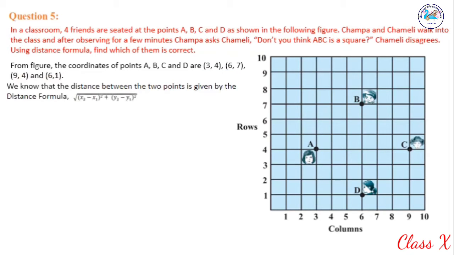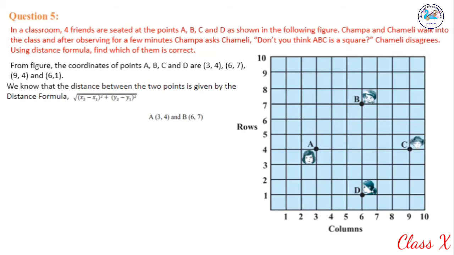Now we have to write the distance formula, as we have learned, that is the root of (x2 minus x1) the whole square plus (y2 minus y1) the whole square. Our task is to check whether ABCD is a square or not.